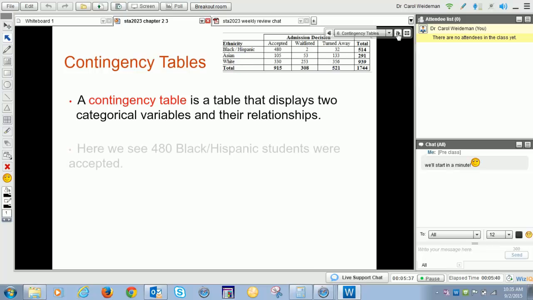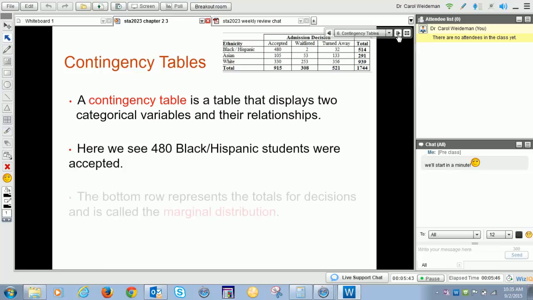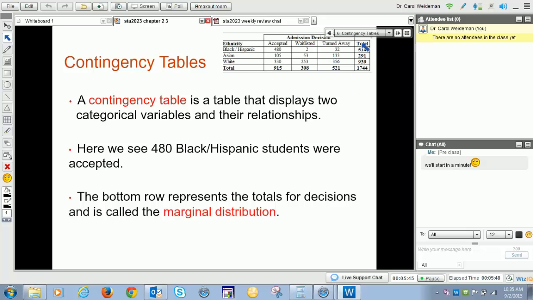So we can answer questions from the table. We see that 480 Black Hispanic students were accepted. The bottom row and also the side column here represent what are called marginal distributions. This tells us of all the people in this table, if we collapse over ethnicity, 915 were accepted, 308 were waitlisted, and 521 were turned away.